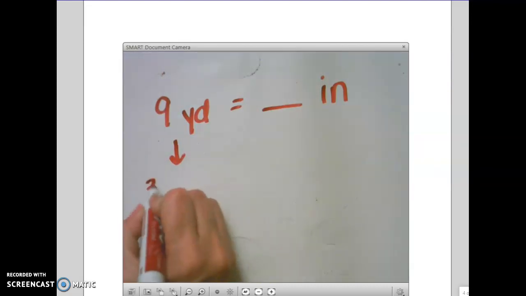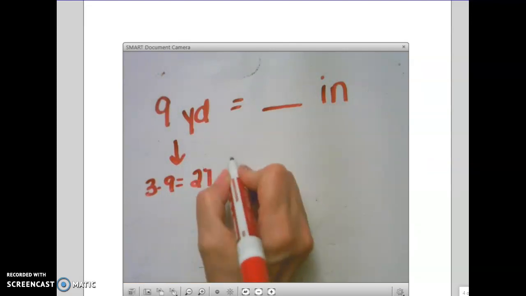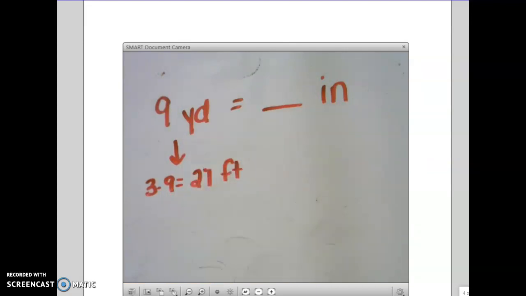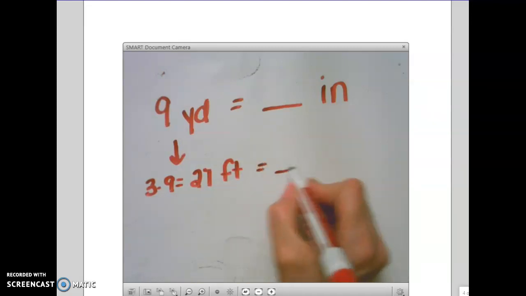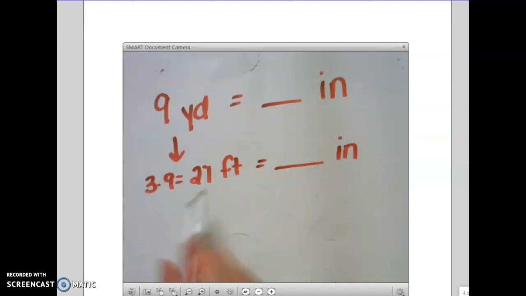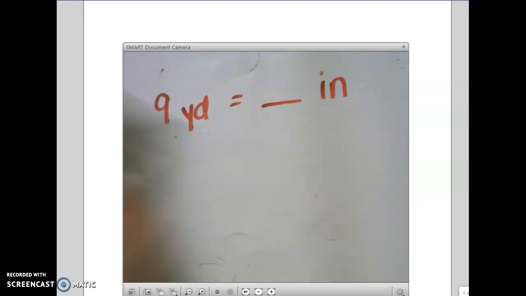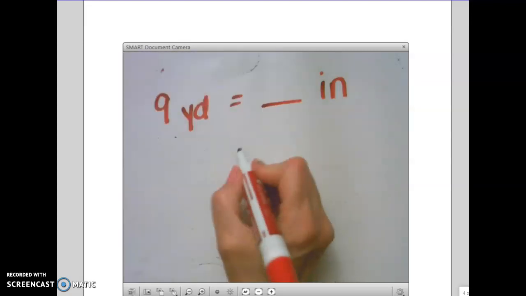So that would be 3 times 9. That means there's 27 feet. Okay, so again, how many inches is that? 27 feet and 12 inches in each foot. Got to do some multiplication, don't I? See how this is a little tougher than the metric system?